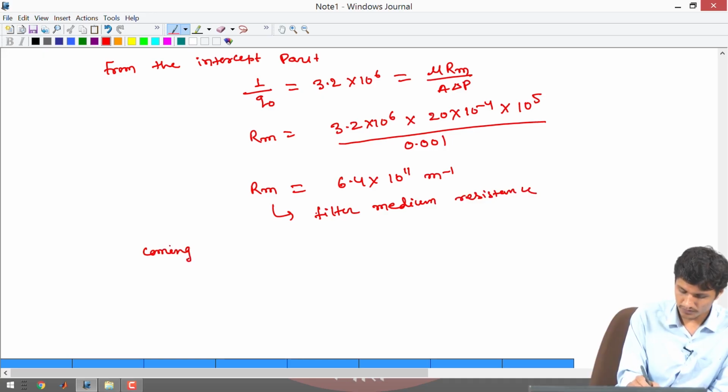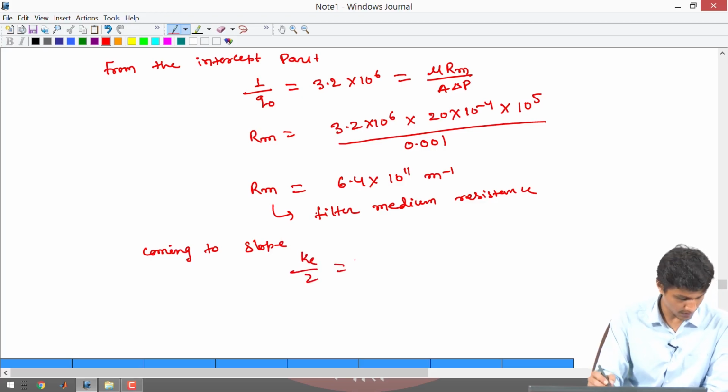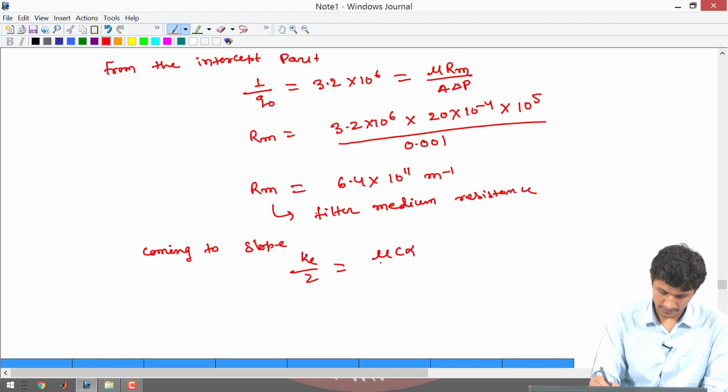Coming to the slope, Kc by 2 equal to mu c alpha by 2 A square delta p.